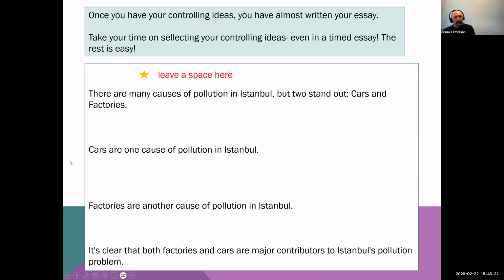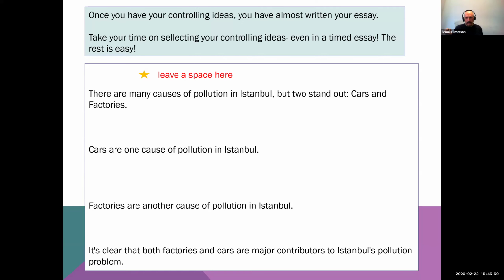So once you have these controlling ideas, your essay really is almost written. So you leave space at the top because I have to teach you how to write this intro paragraph. So you leave space enough to write 6 sentences on the top of your essay. Then you write your thesis statement and controlling ideas.